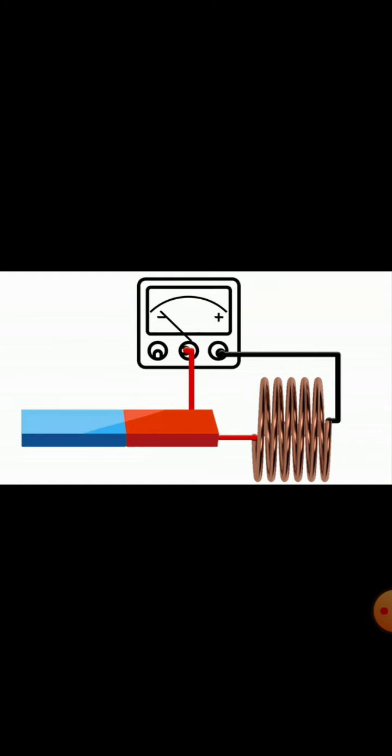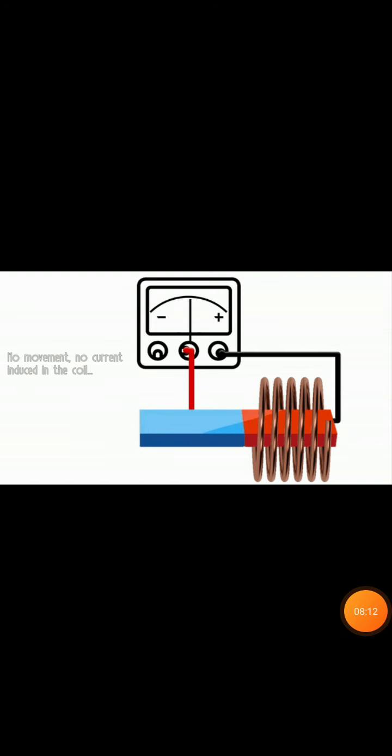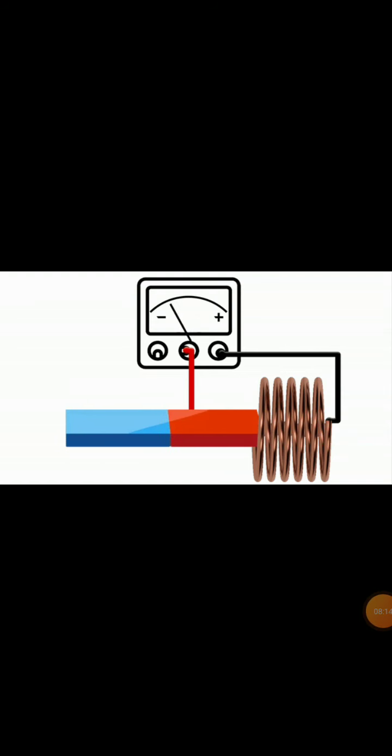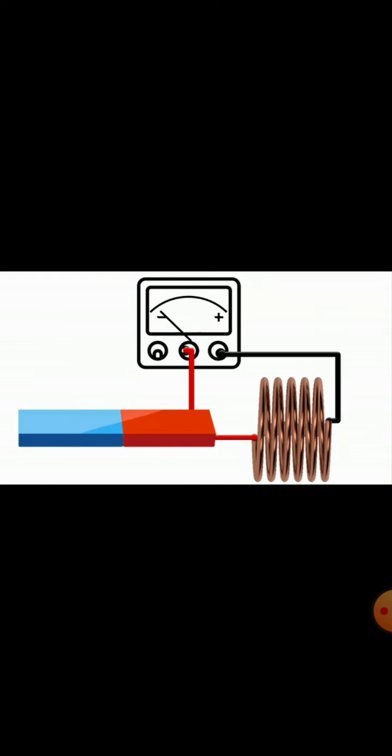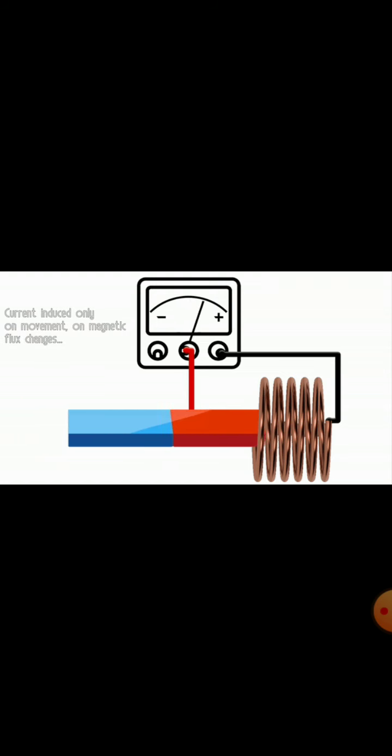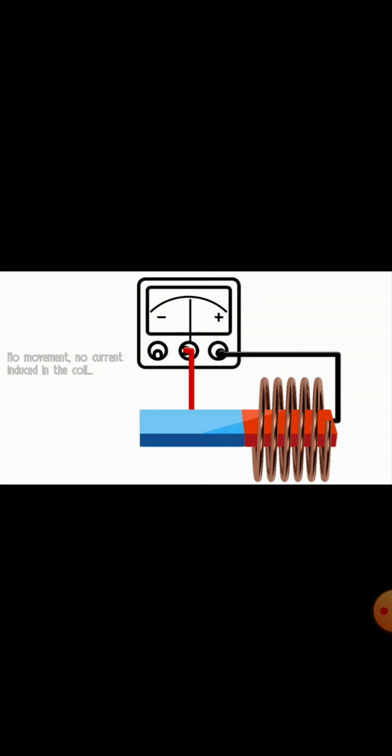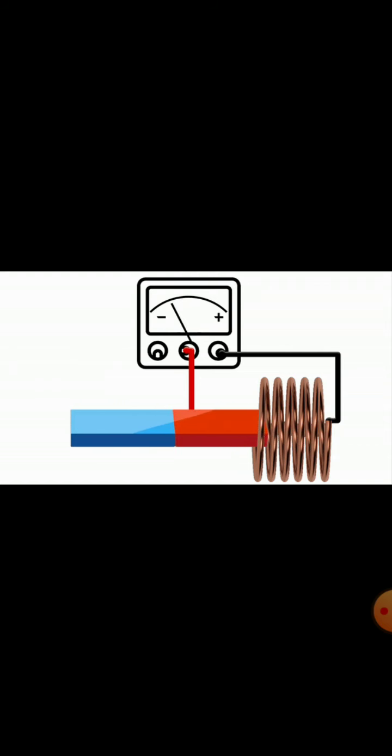Now if you take back the bar magnet, which means in the first case we moved the north pole towards the coil, now if you take it back, then it will show the deflection on the left hand side, right? So when you take the north pole towards the end of the coil, it will show right side deflection.